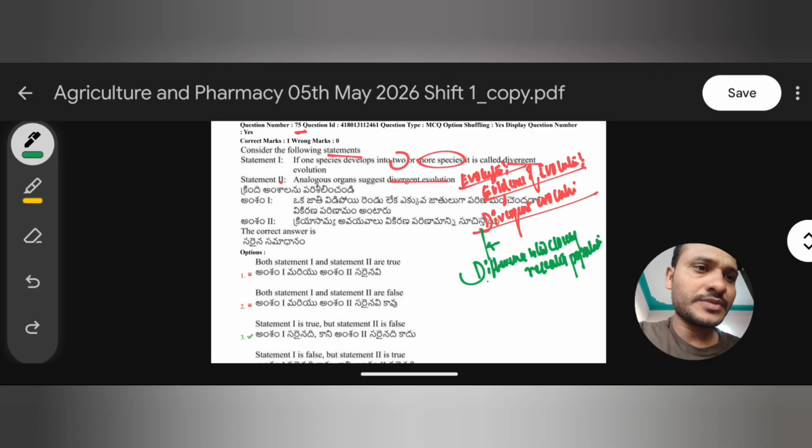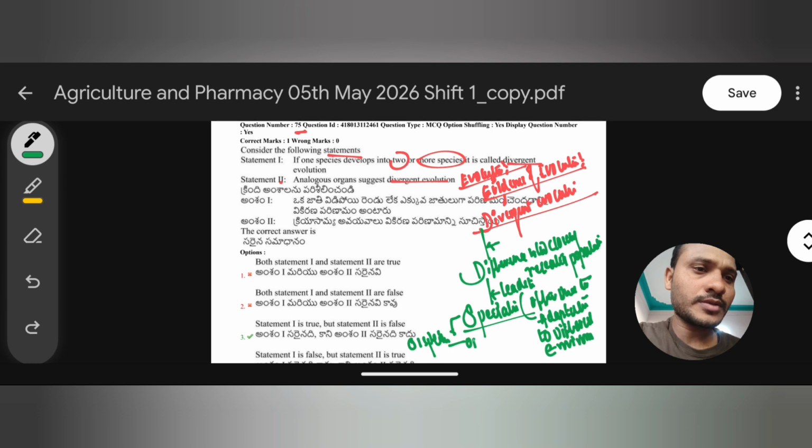These differences between closely related populations lead to speciation, often due to adaptation to different environments. In speciation, one species develops into two or more than two species, which leads to divergent evolution.